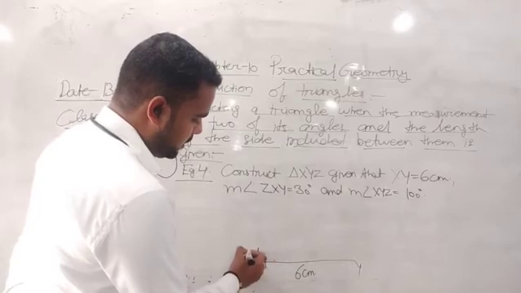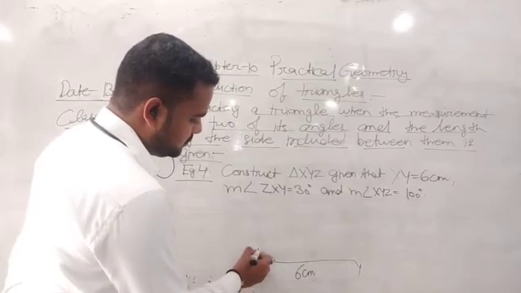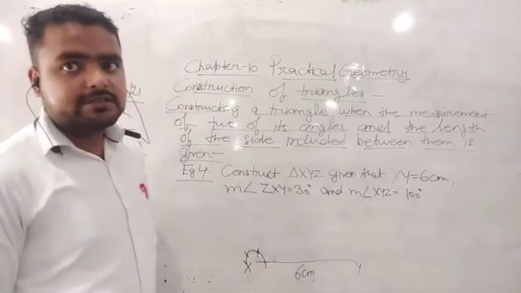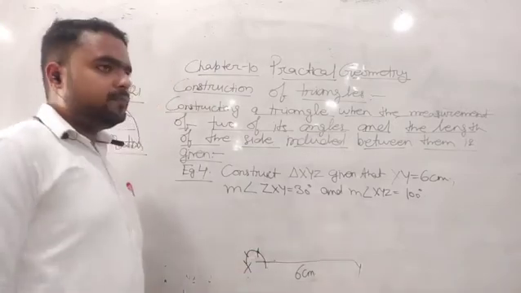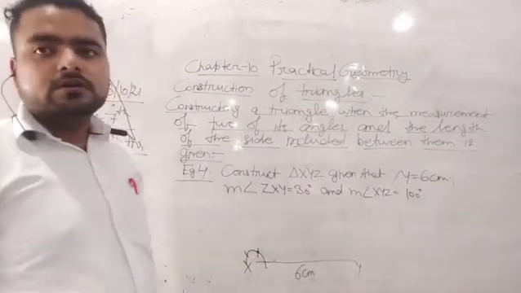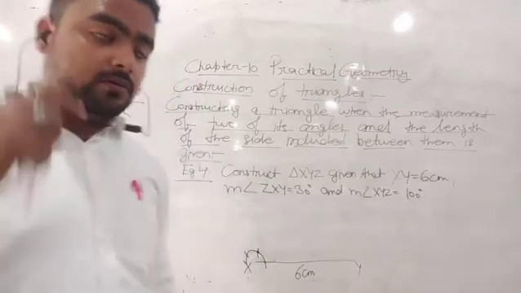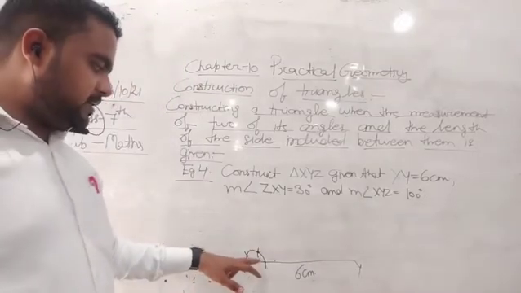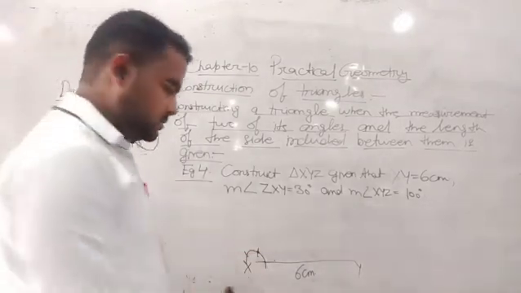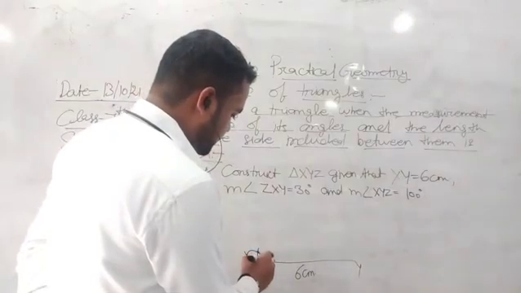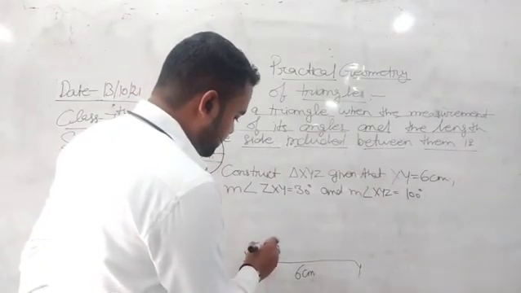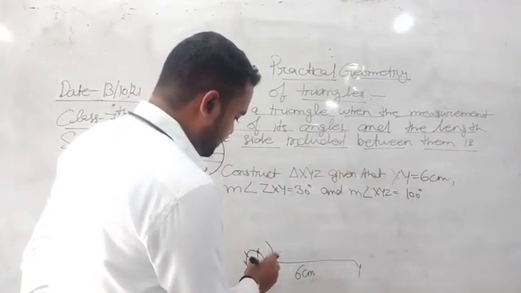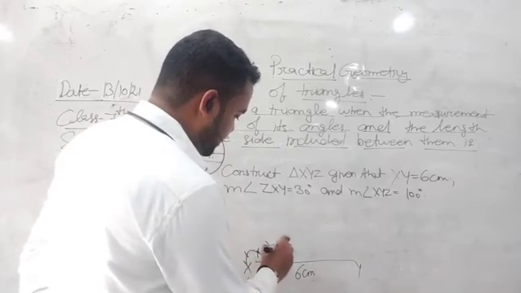Now here is your angle 60 degree, and then you have to find a bisector of 60 degree, that is 30 degree, and from this with the same distance make an arc here, and from here with the same distance make an arc here.